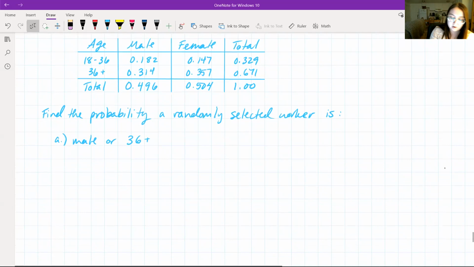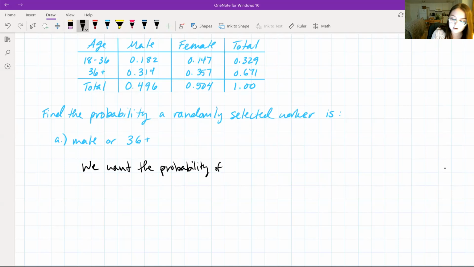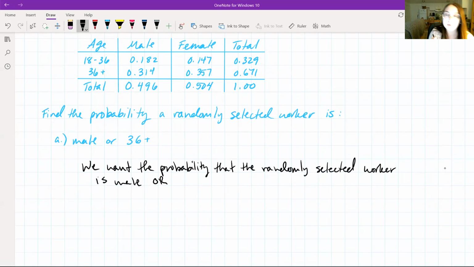So if we want the probability that the randomly selected worker is male, or, the keyword being or, over the age of 36.